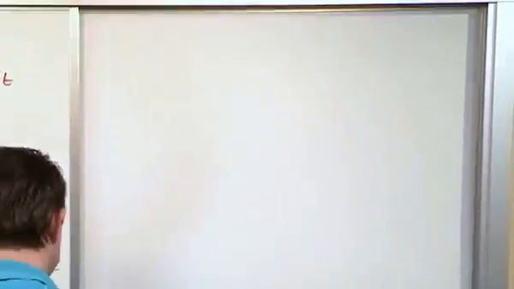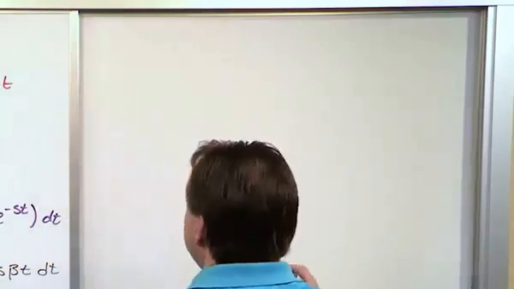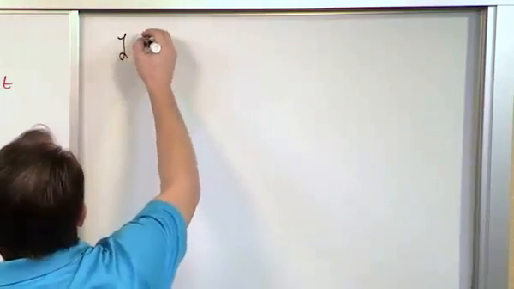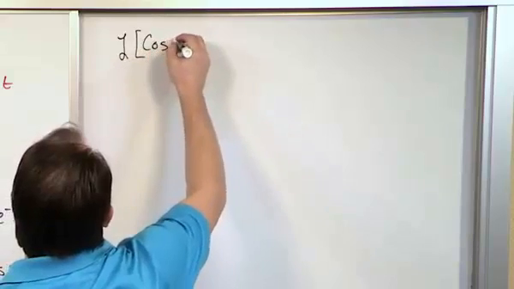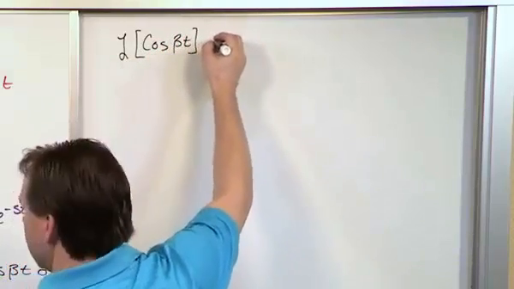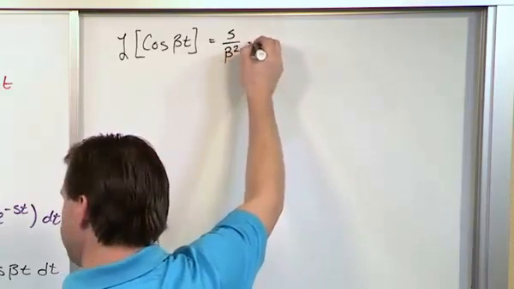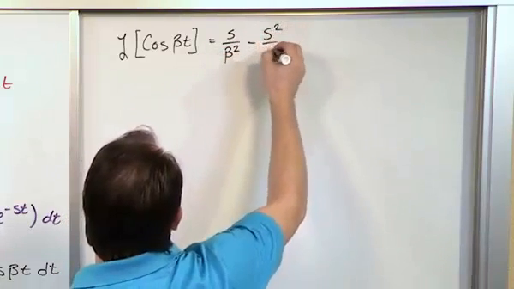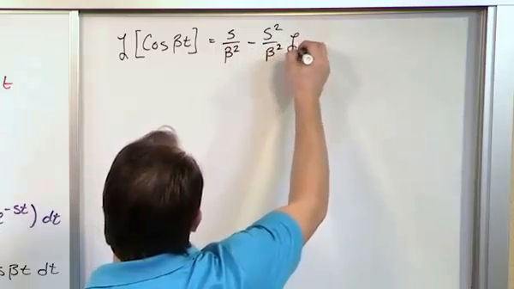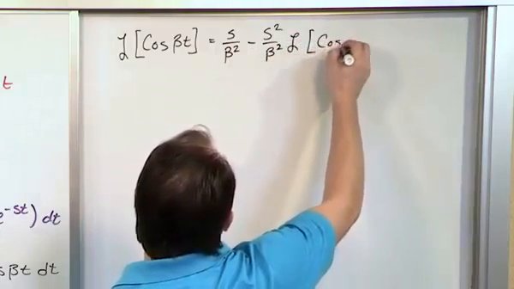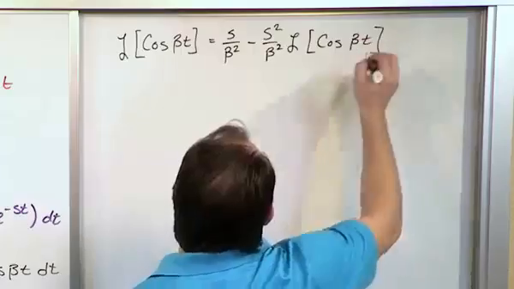And I'm not going to try to continue yet until I recopy everything that I have. So Laplace transform cosine beta t is equal to s over beta squared minus s squared over beta squared, Laplace transform cosine beta t, like that.